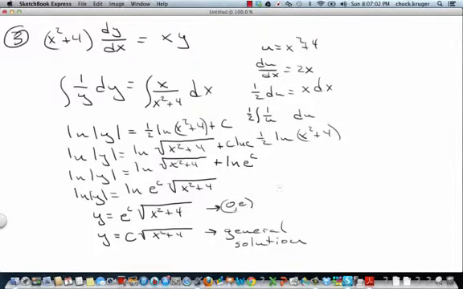well, right here I could say that e is equal to e to the c times the square root of 0 squared plus 4. Well, that means e is equal to e to the c times 2.